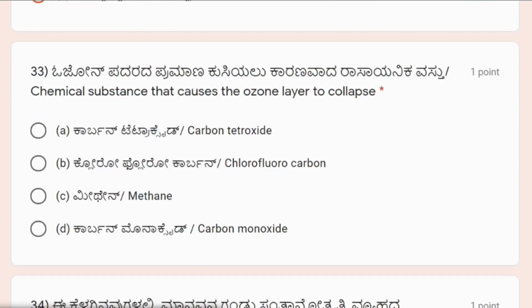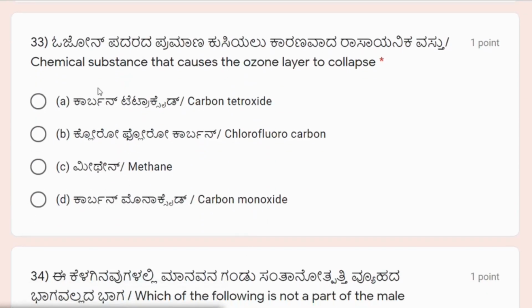We'll see 33rd question. 33rd question: chemical substance that causes the ozone layer to collapse. First option is carbon tetroxide, B chlorofluorocarbon, C methane, D carbon monoxide. Correct option for this is chlorofluorocarbon.